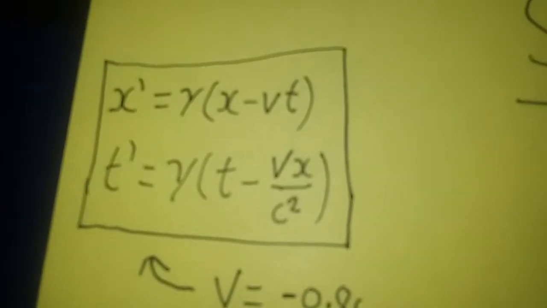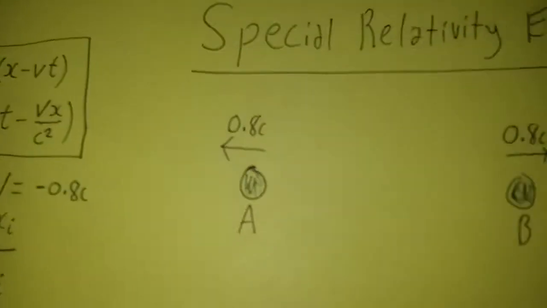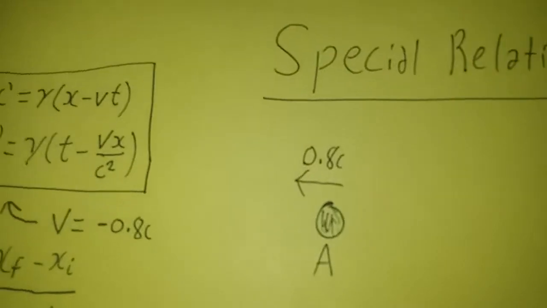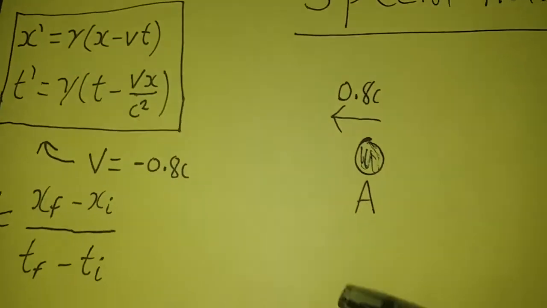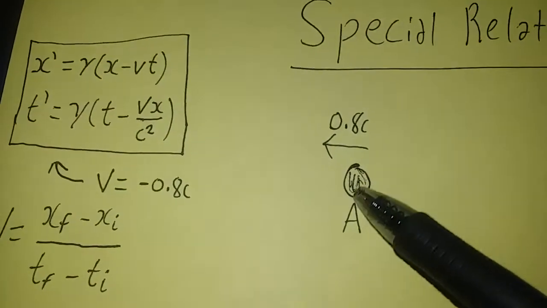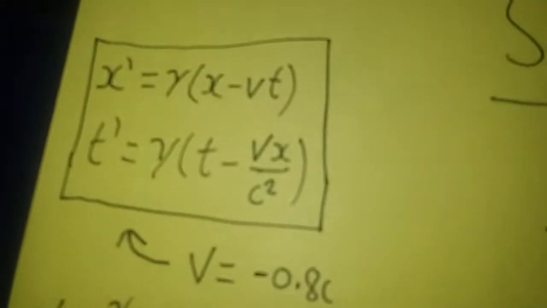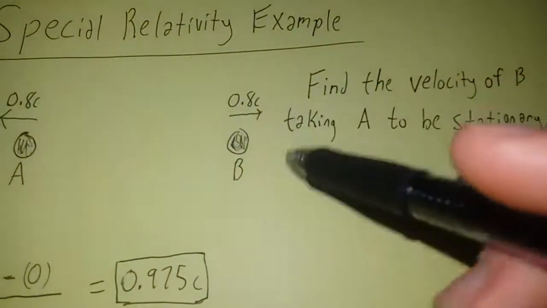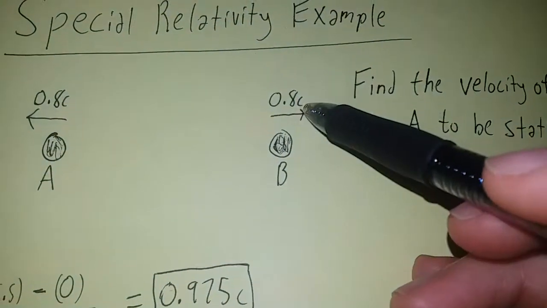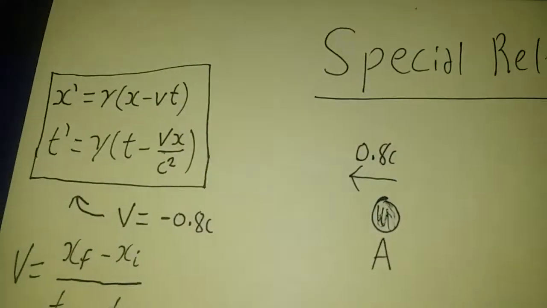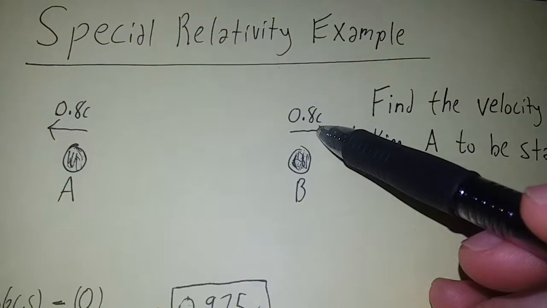So t is just going to equal 1. V is still negative 0.8 c because v in both these equations is the velocity of our new stationary reference point. X, we're looking at x of b after 1 second, so that's positive 0.8 c s, 0.8 c light seconds.